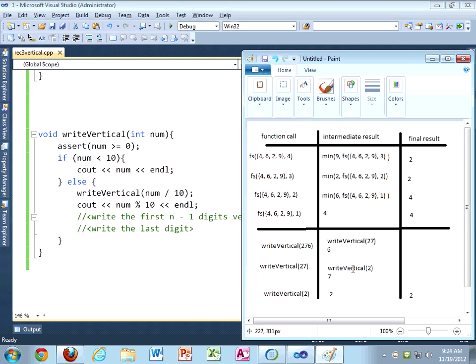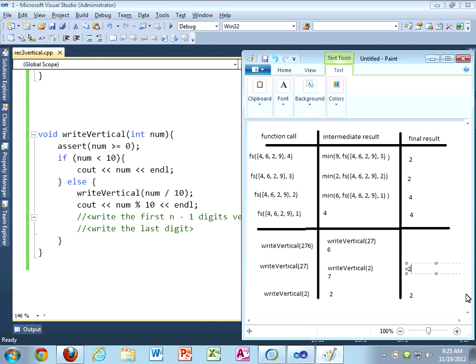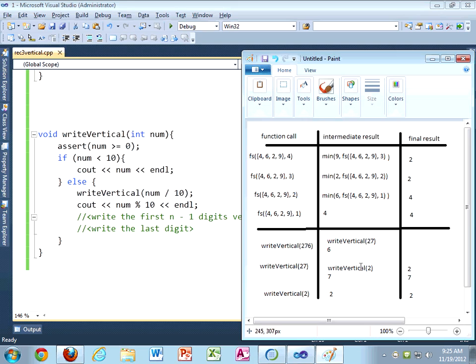Okay. Now we can move up, and we see that the result of calling right vertical 2 is just this down here in the corner. So I replace that function call with its result. So 2, 7. Okay. Now I can go back up here. I know that the result of calling right vertical 27 results in this output.